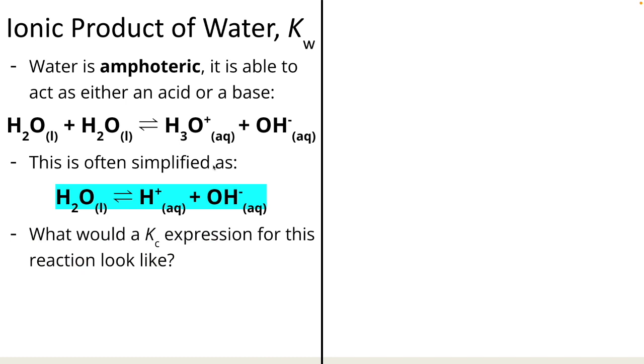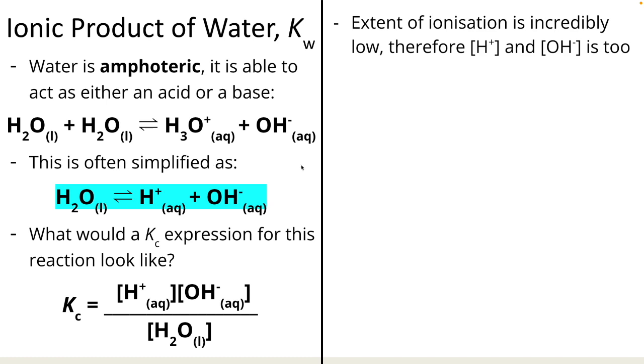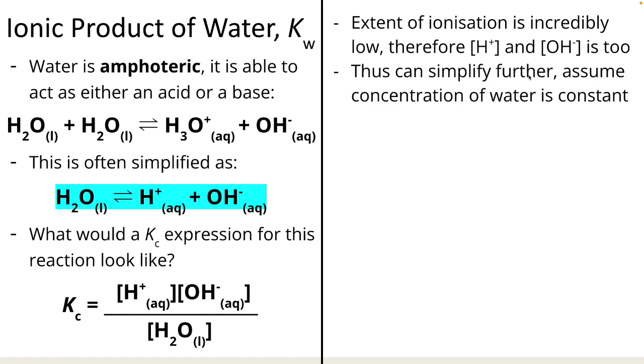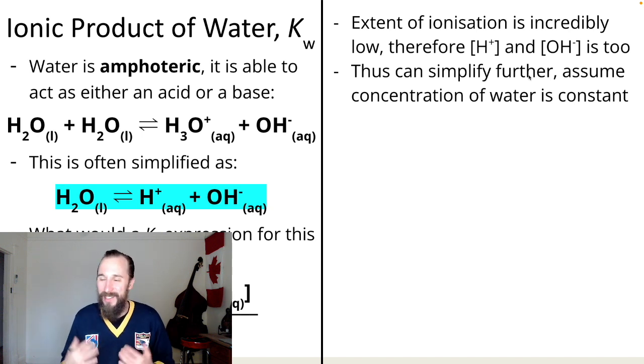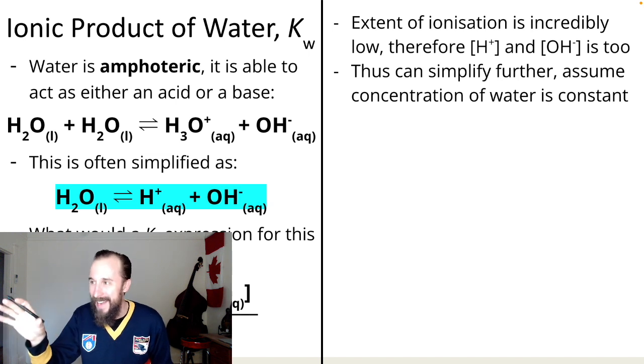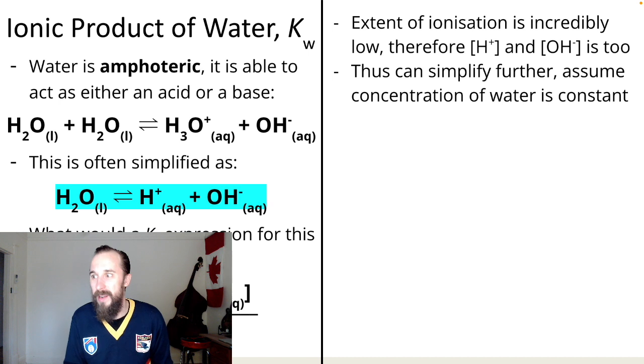So I'll get myself out the way and we'll have a look at that. However, the extent of ionization is incredibly low. Therefore, the concentration of H+ and OH- is also incredibly low.